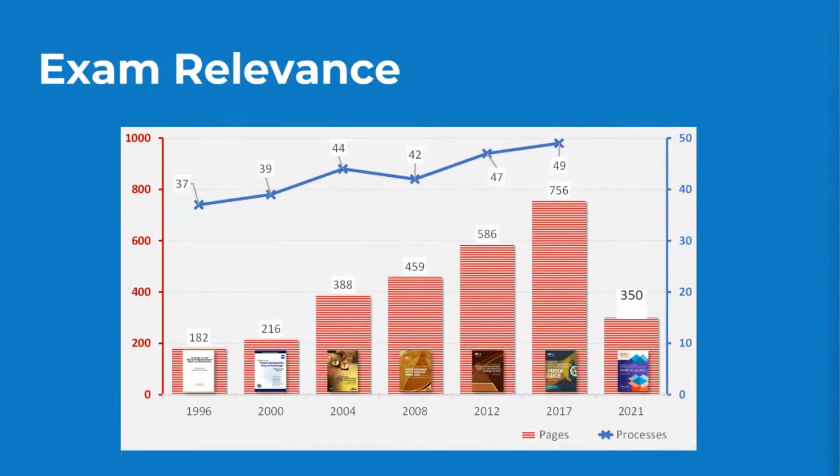So those 756 pages of the PMBOK Guide 6th edition will remain important for all project managers. And since we are also talking about the PMP exam here, these 756 pages will remain relevant for the PMP exam. Okay.